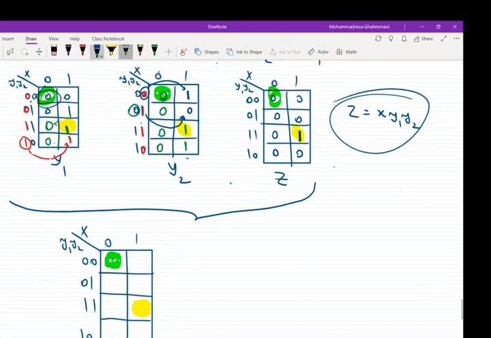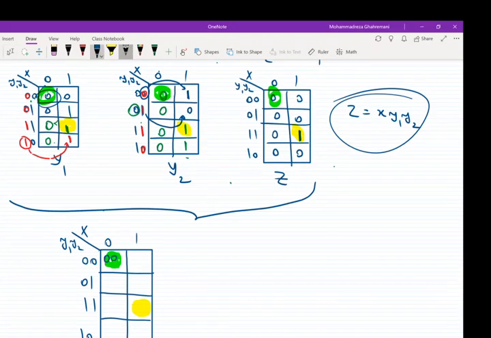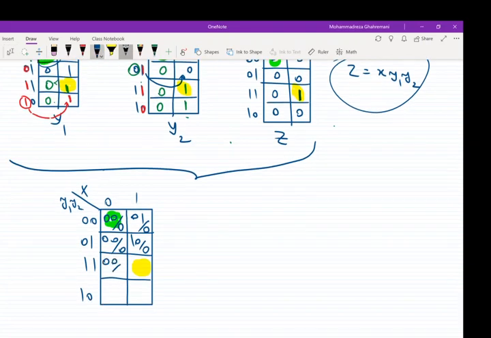So we will have 0, 0 output 0, 0, 1 output 0, next state 0, 0 output 0, next state 1 1 output 1, next state 0 0 output 0, next state 1 1 output 0.